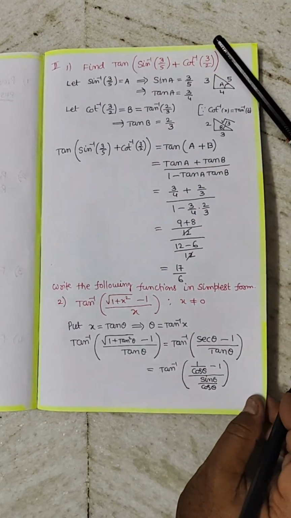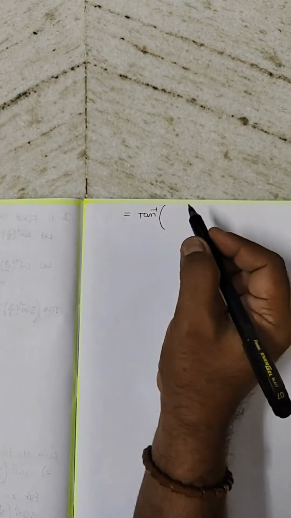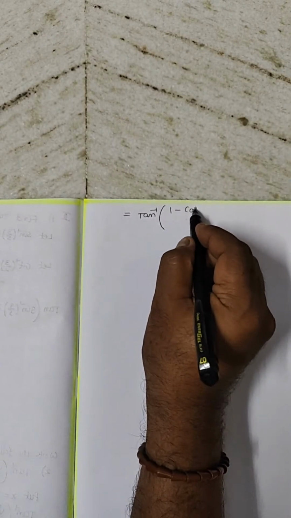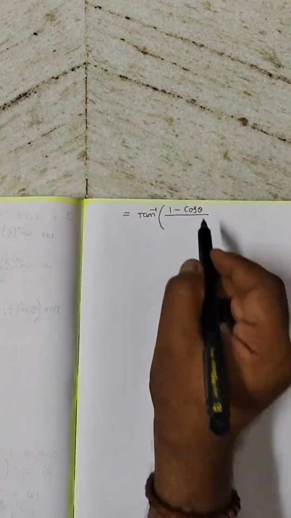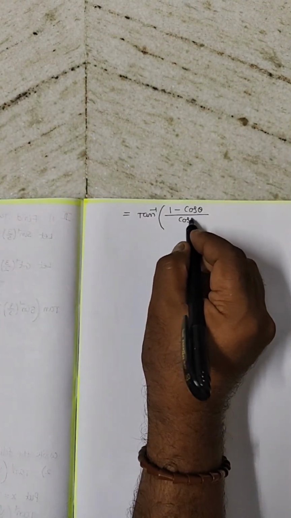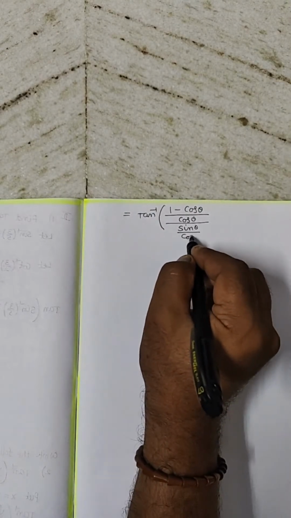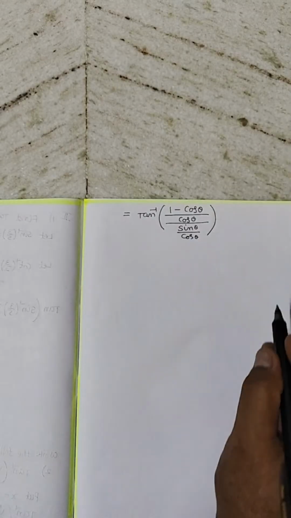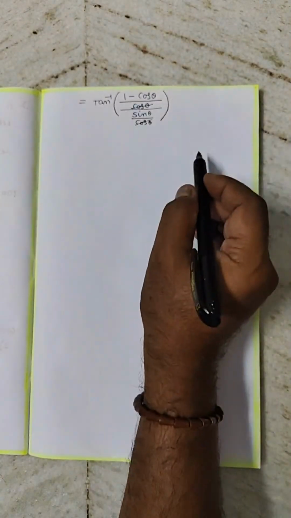In the very next step, you are going to get tan inverse of 1 minus cos theta, divided by cos theta, whole divided by sin theta by cos theta. This is the information we got from the last step. Okay. So cos theta gets cancelled.